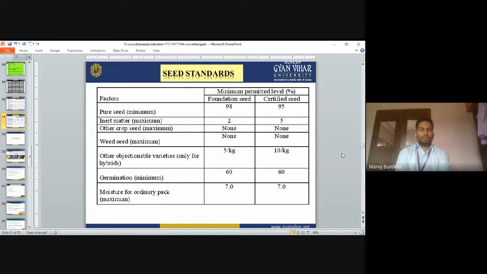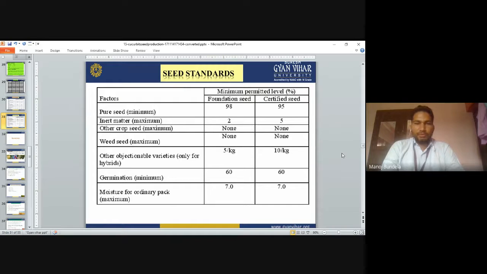Other crop seeds: maximum none, it does not contain any other crop seeds and is free from weed seeds, for both foundation seed and certified seeds. Objectionable varieties are only for hybrids.